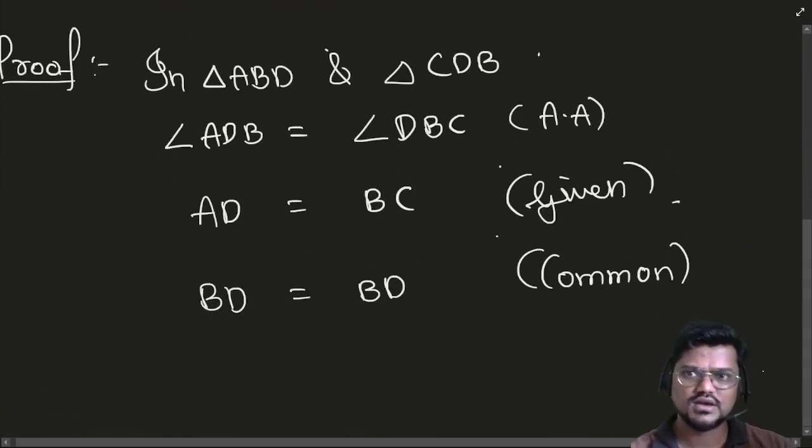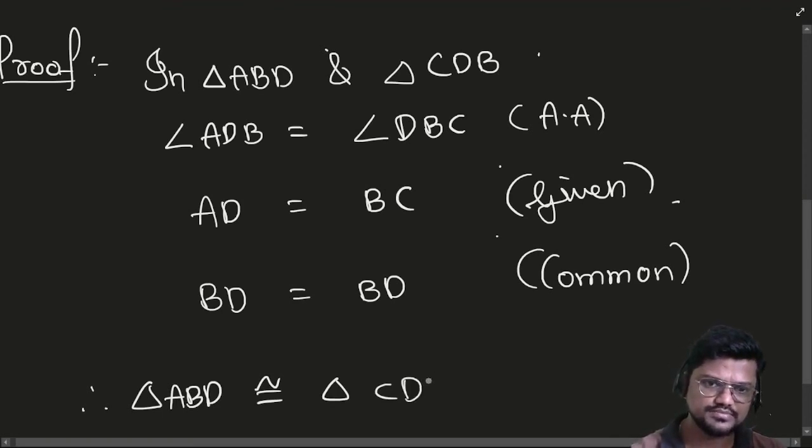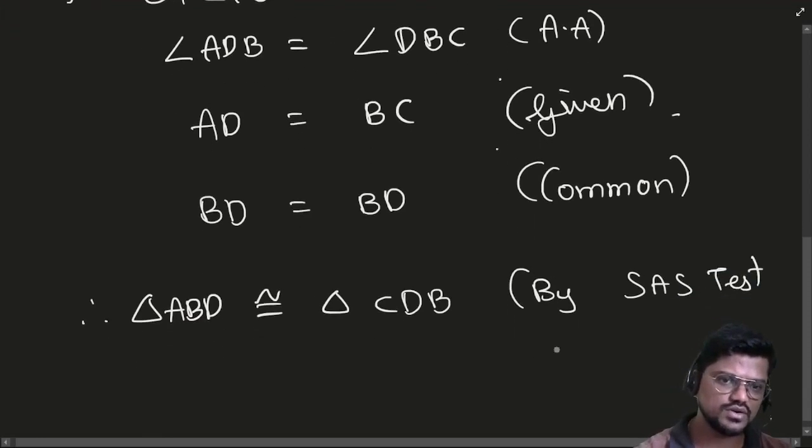Therefore, triangle ABD is congruent to triangle CDB by SAS test of congruency.